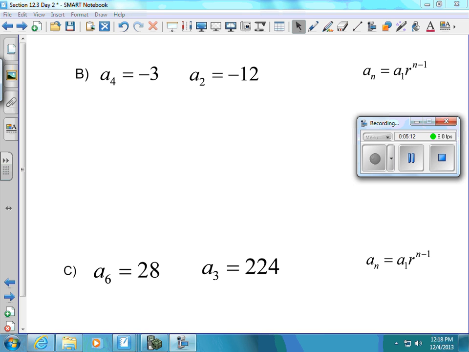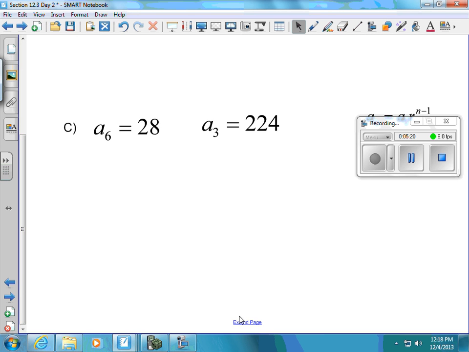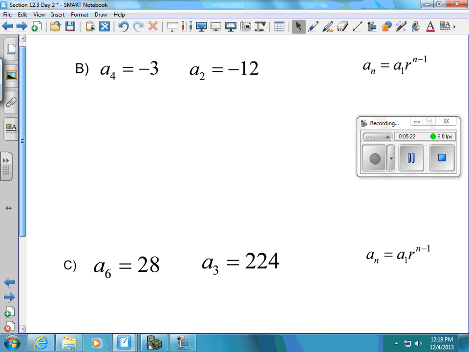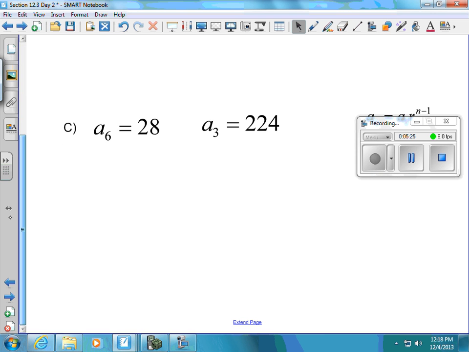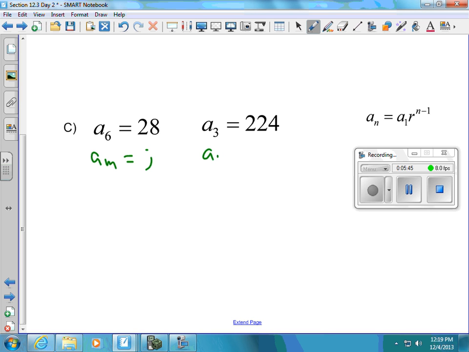Okay, we'll try one more because I know that kind of freaked some of you out a little bit. Let's actually go down here. Let's try C, because the first one, if you want to pause up here on B and practice that on your own and go back to it, you can. Let's go to C because that's going to give us something different than the square root this time. So if we look at the equation back on the previous slide, m is always bigger than n. So this is a sub m equals j, and this is a sub n equals k.